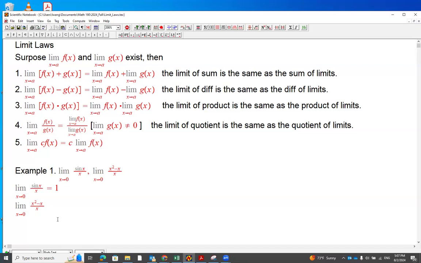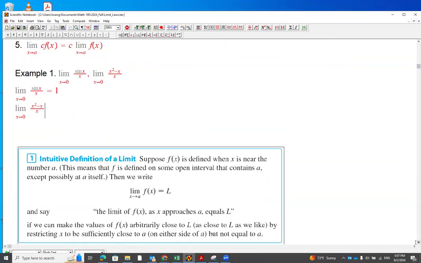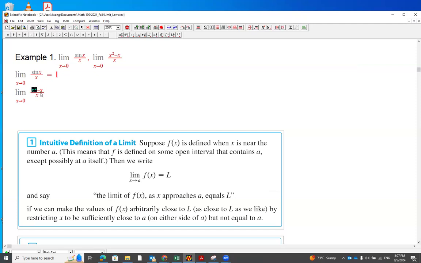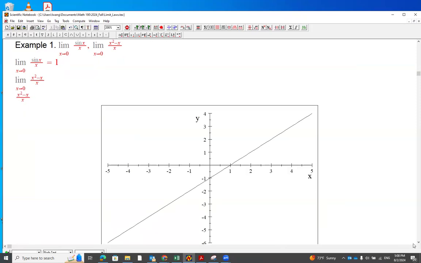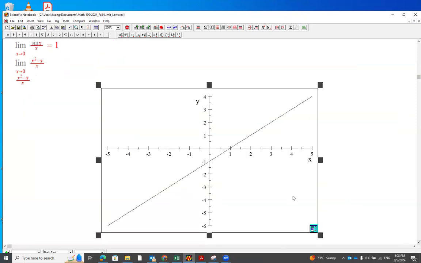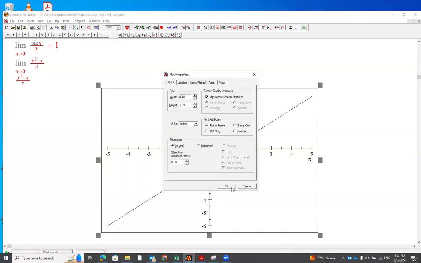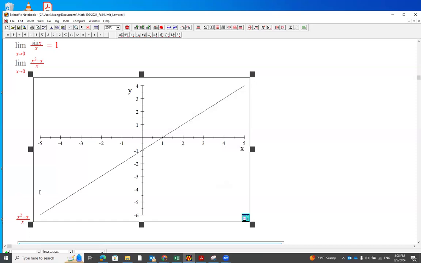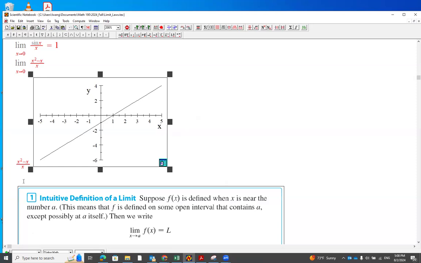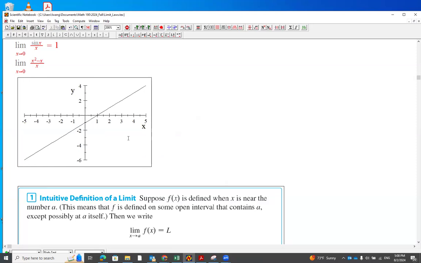What we can do is look at the graph of the function. We can graph it. We have other algebraic tools, but we're not going to use them now; we will use them in the future.